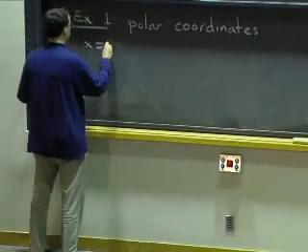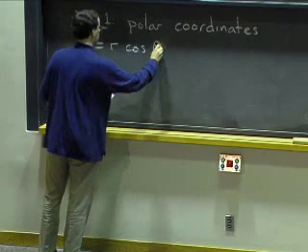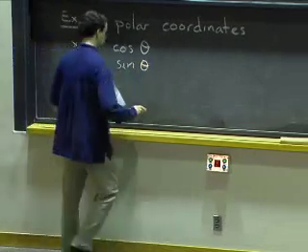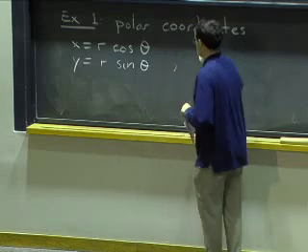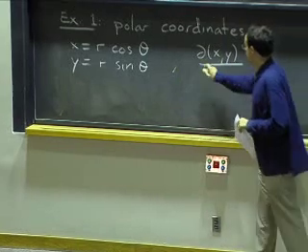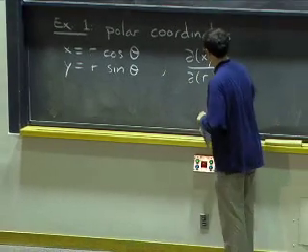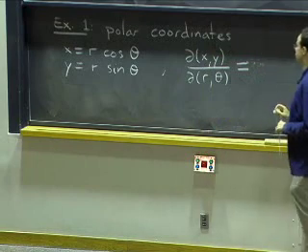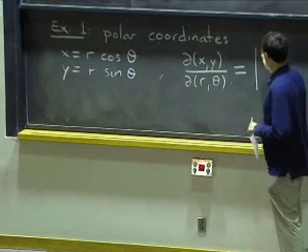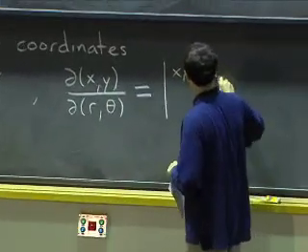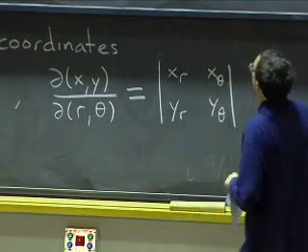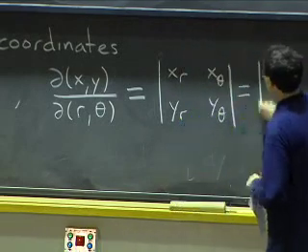So in polar coordinates, I'm setting x equals r cosine theta, y equals r sine theta. So the Jacobian for this change of variables. So let's say I'm trying to find the partial derivatives of x, y with respect to r, theta. Okay, let me actually write them here again, just for you. And so what does that become?